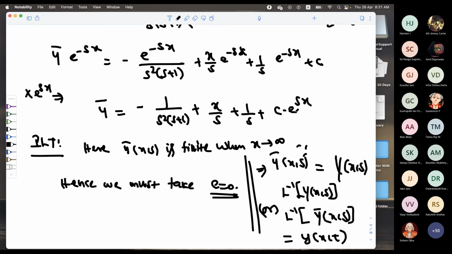See, when x tends to infinity, e raised to the power infinity form we are having, right?